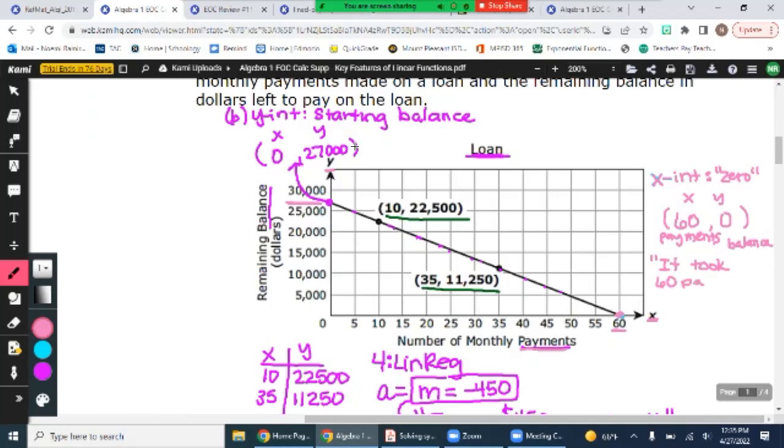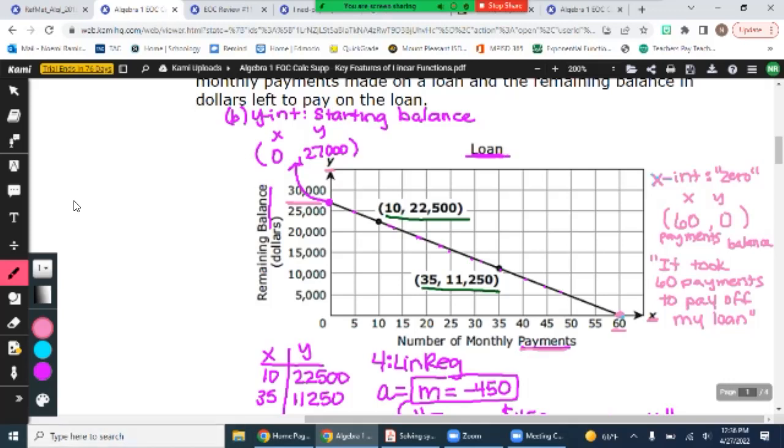I'm going to just write payments. It took 60 payments to pay off my loan. Remember, with a loan, you're borrowing money, so you have to pay it back. If we're at a $0 balance, that means we're done paying it. We're paying it off, okay?